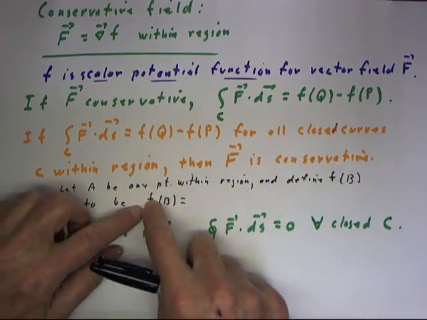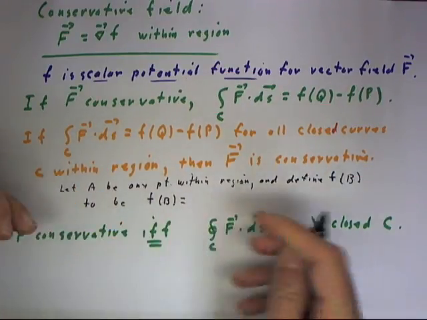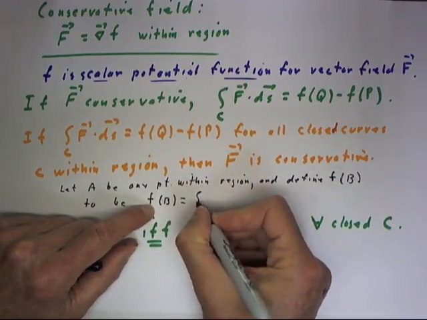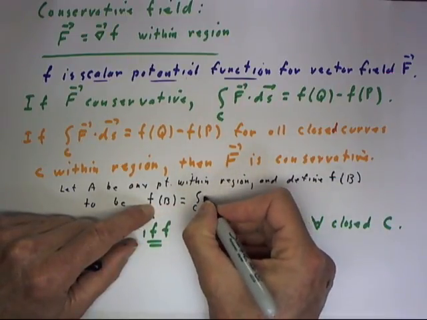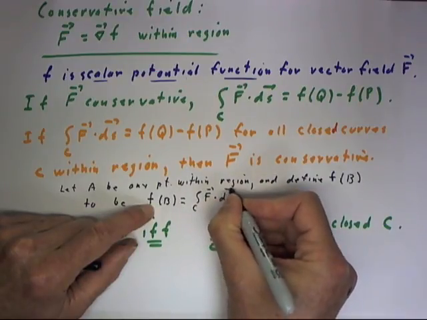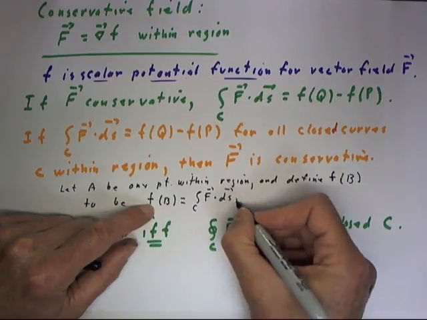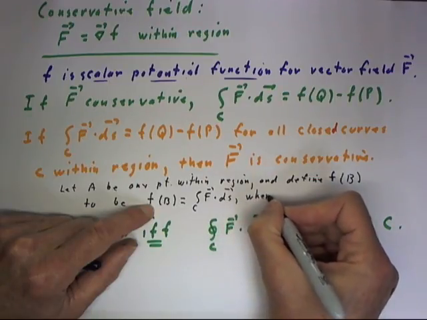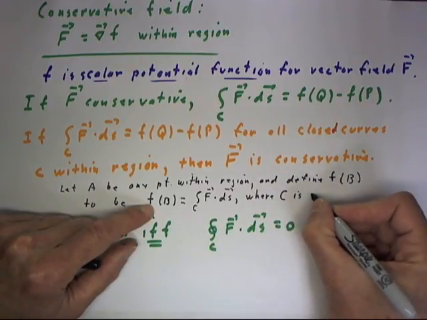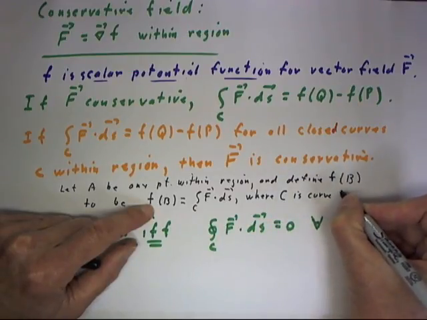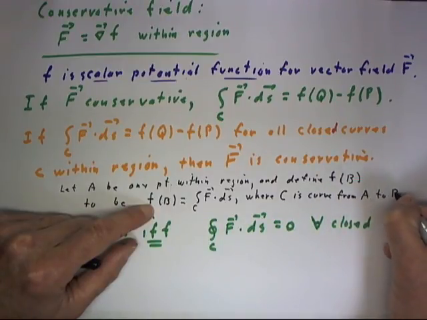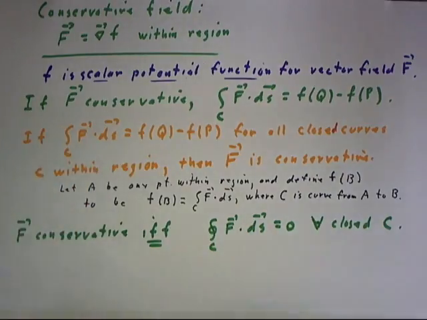Okay, we're talking about the scalar function. So that f of B is going to equal the integral over a curve of F dot ds, where C is a curve or a path from A to B.